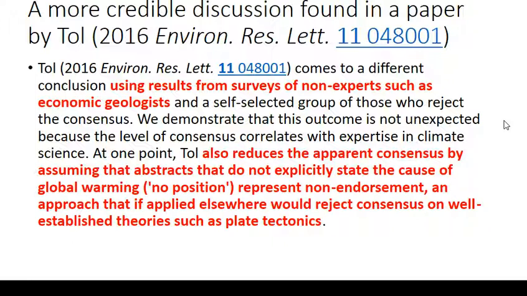That theory has been pretty well established since the 1970s. But if you take Toll's method of deciding whether or not there's agreement or disagreement and apply it to plate tectonics, then there's no agreement that plate tectonics is real either. So I'm not sure that his methodology is correct.